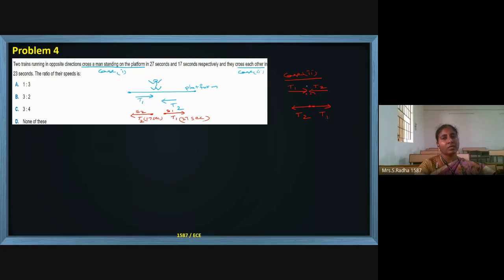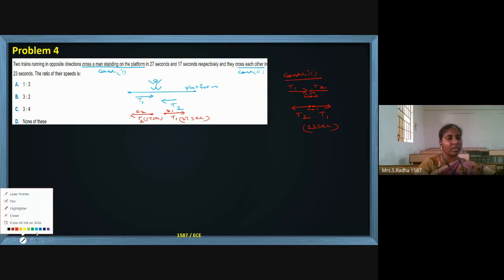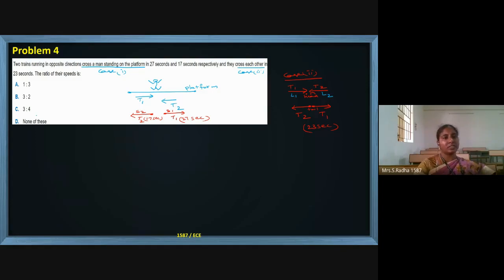These are head points of the trains and these are tail points. They are crossing each other in 23 seconds. Let the length of train 1 be L1, and the length of train 2 be L2. Two cases we have discussed. Now let me go to case 2.